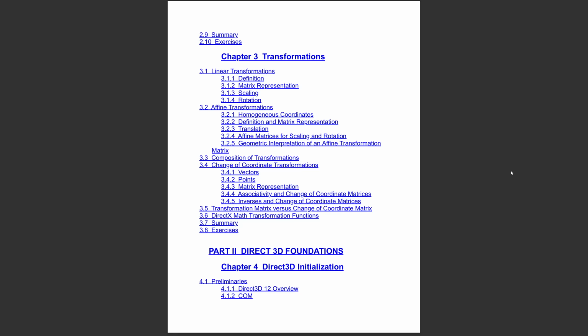So continuing on, we're going into part 2, on to the Direct 3D foundations. So we start that with chapter 4 on the Direct 3D initialization. And so we're going to be talking about the preliminaries about this information. So it'll be the DirectX 3D12 API overview.